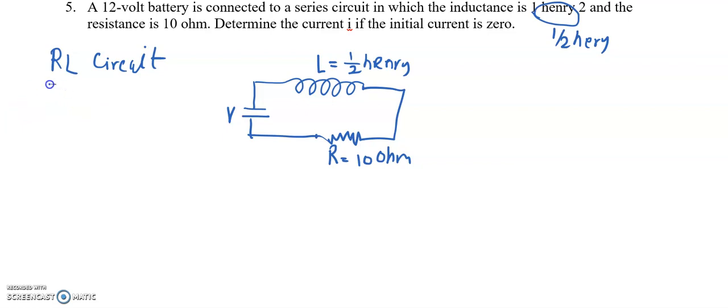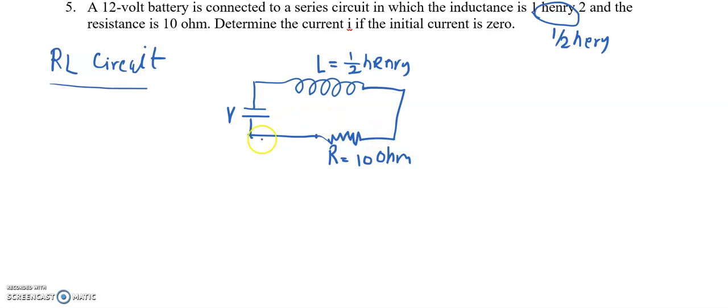In electrical engineering there is a law called Kirchhoff's law, which says that in a series circuit, the total voltage drop is equal to the voltage drop across inductance plus the voltage drop across the resistance.